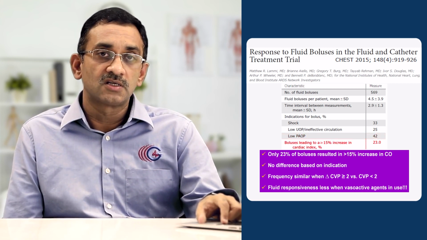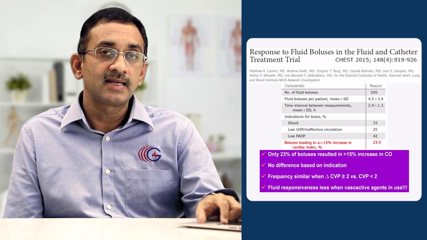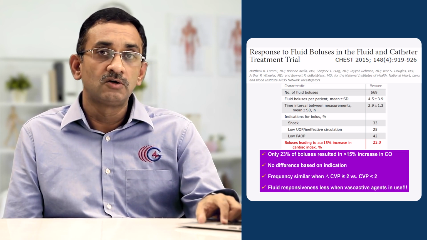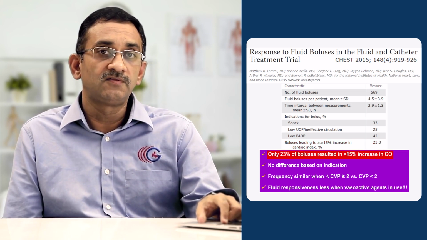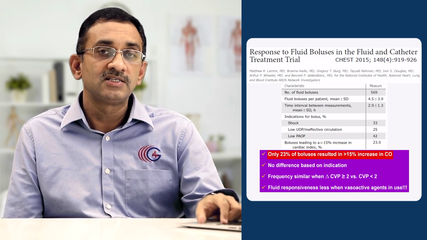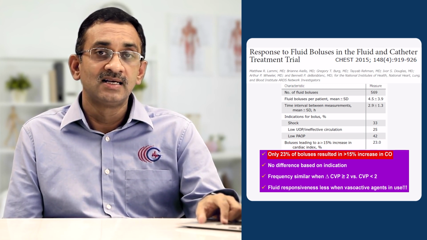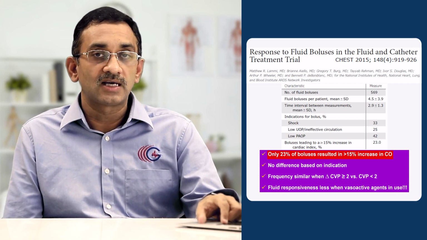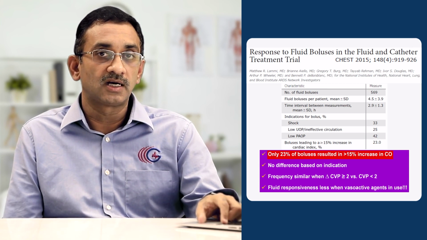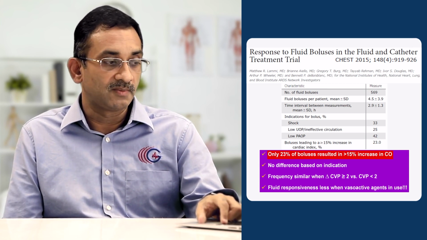As per our definition, a 15% increase in cardiac output is generally considered responsiveness to fluid. In this study, they found that only 23% of the fluid boluses resulted in cardiac output increase of more than 15%. In a sense, almost 80% of the time, fluid boluses did not improve cardiac output at all, and therefore other parameters.